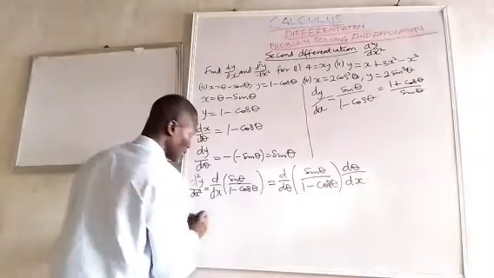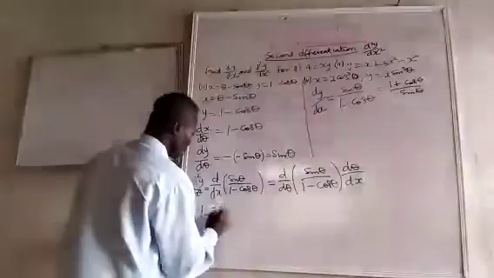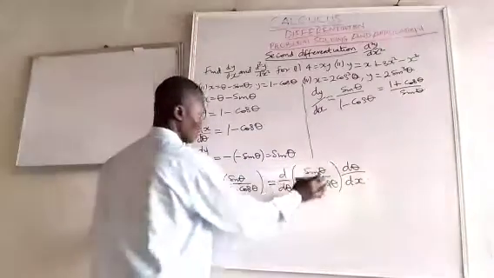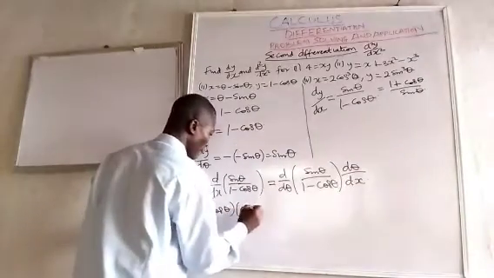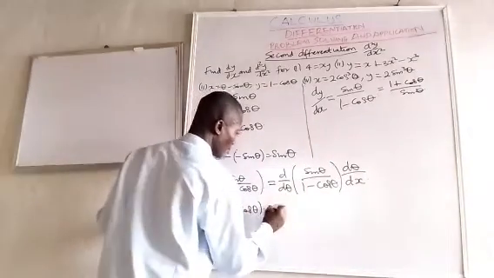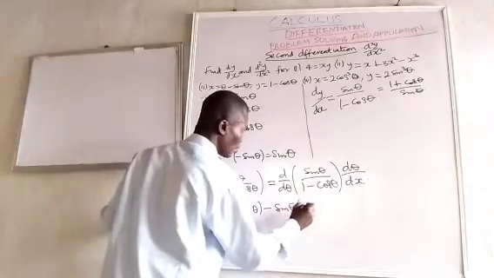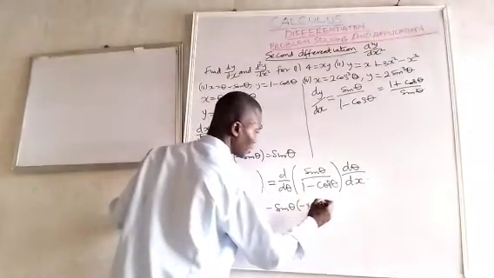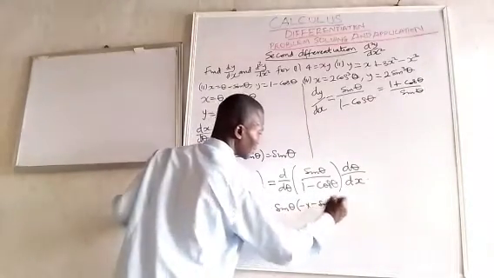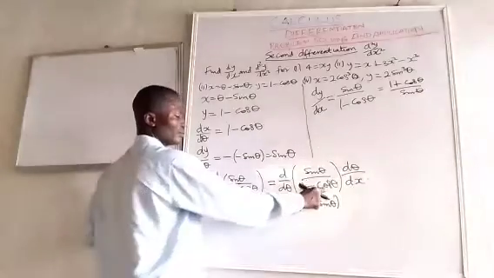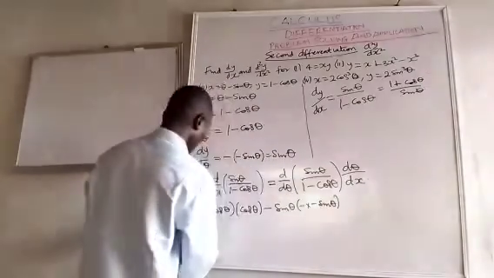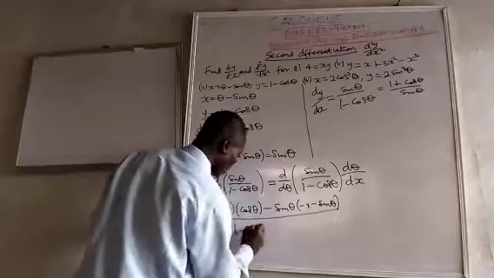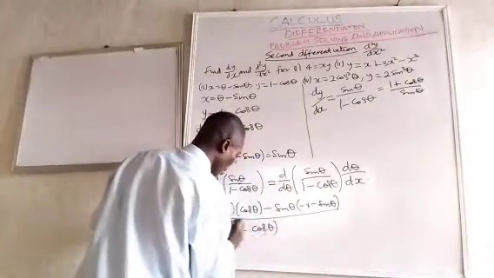And that's going to give us 1 minus cos theta, using quotient rule, times cos theta, minus sine theta times minus sine theta. You understand? The differentiation of this is minus sine theta, and this minus is there. Divided by 1 minus cos theta all squared.